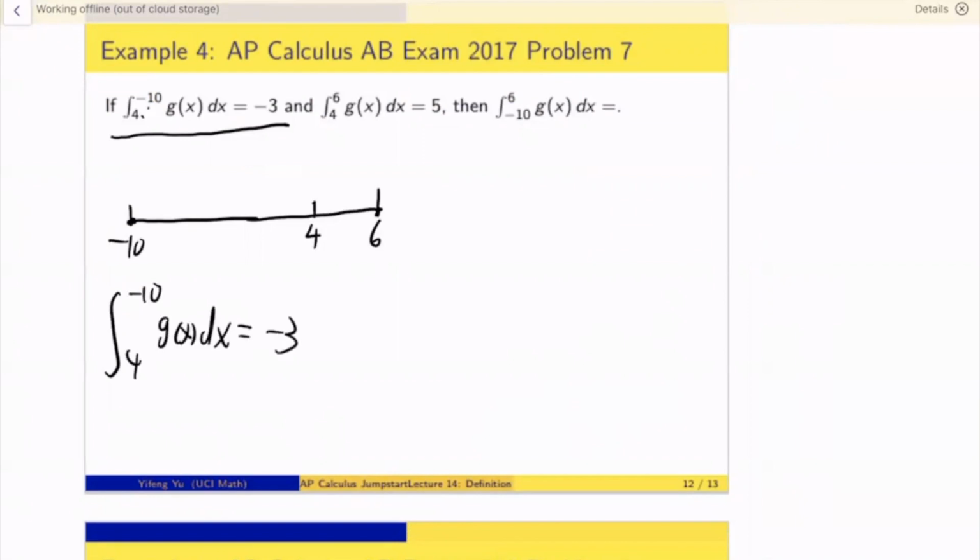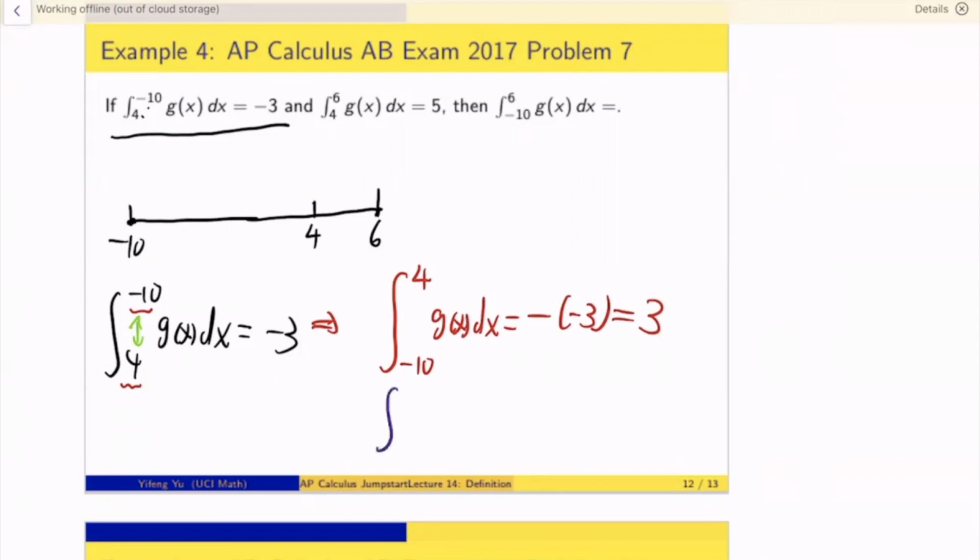This is not in the regular position because 4 is greater than -10, so you have to switch it. You reverse it to go from -10 to 4, and switch the order and put a negative sign, so you get 3.